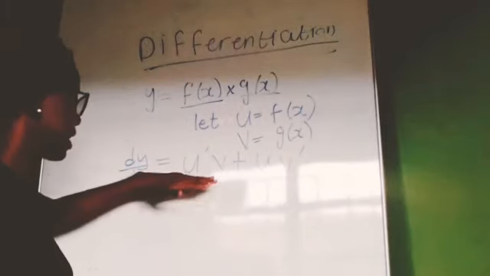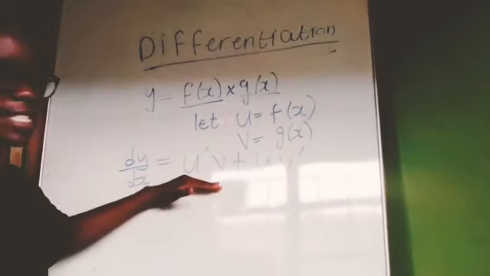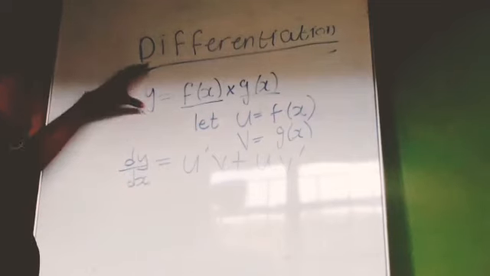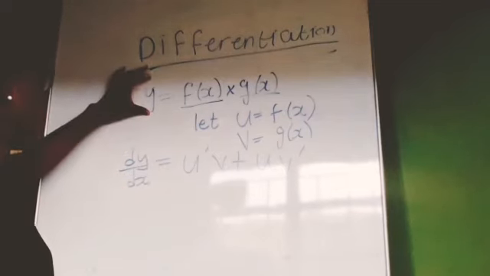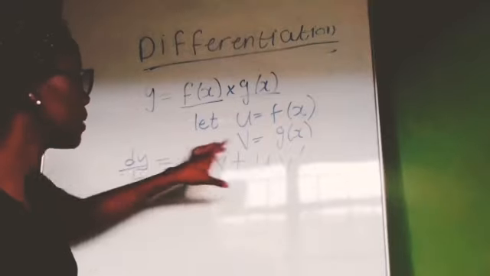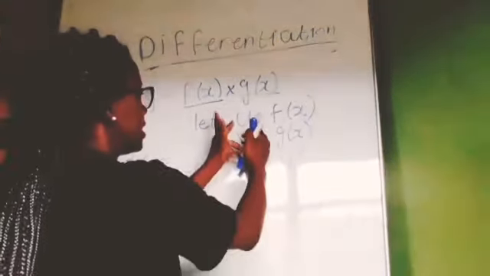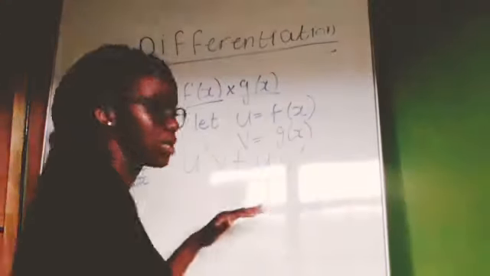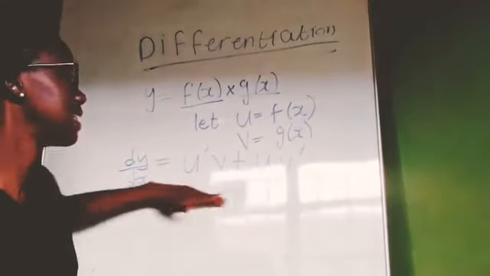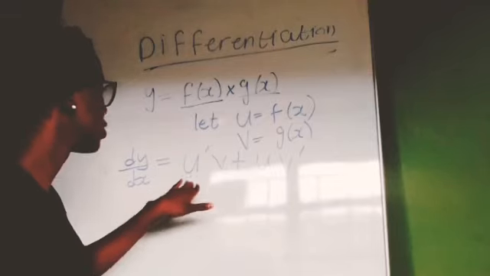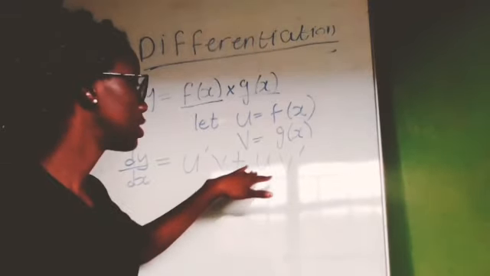So remember, I said u prime is simply the same as dy dx. So in this case, instead of dy dx, we would have had y prime. So u prime is simply saying the derivative of this. So u prime in this case would be the same as du dx. But we're just saying u prime so that it's less congested. So that's u prime v plus u v prime.